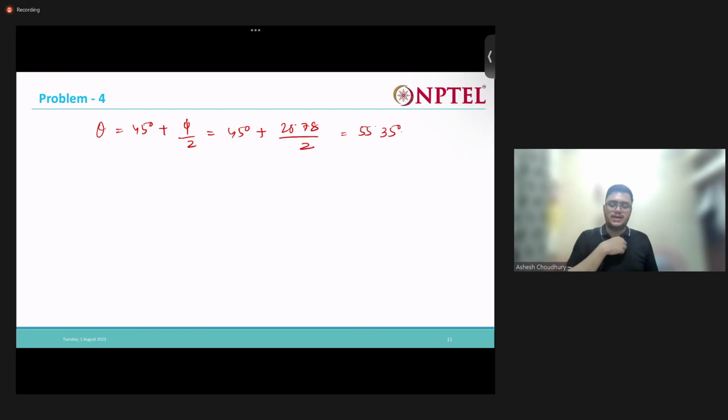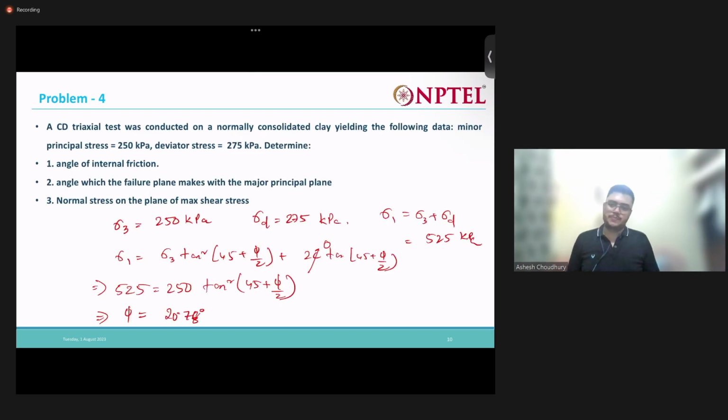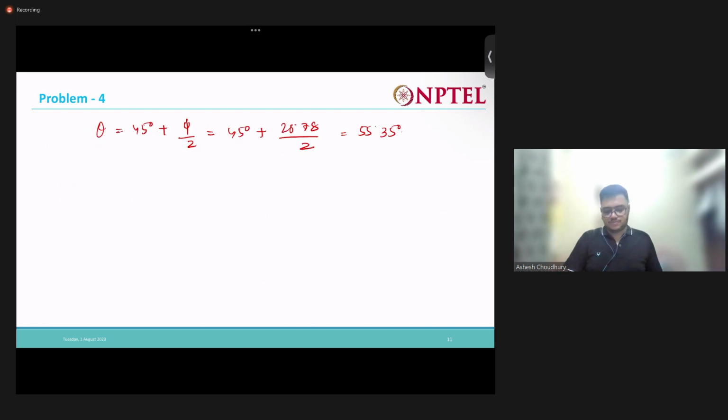So the failure plane makes this much angle with the major principal plane. Say this is the sample, so this is sigma 1 and this is sigma 3. This is the major principal plane, so this failure plane will be making this theta degrees.